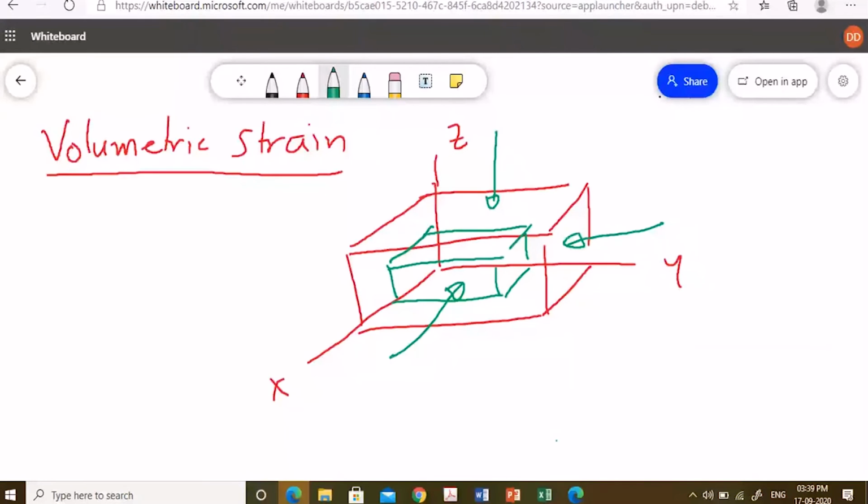Either it may shrink or it may enlarge, but the shape will not change, only the size. That means we have changed its volume. In that case, the volumetric strain, we normally write epsilon V, is the change of volume, that means delta V by the original V.